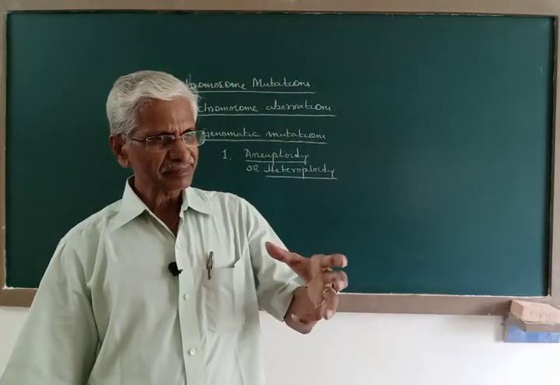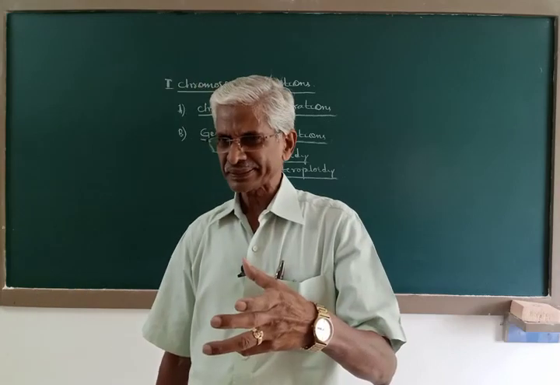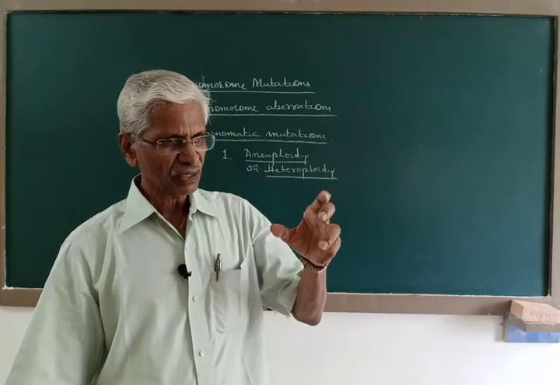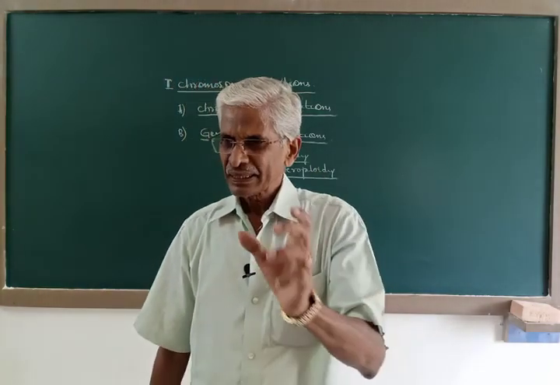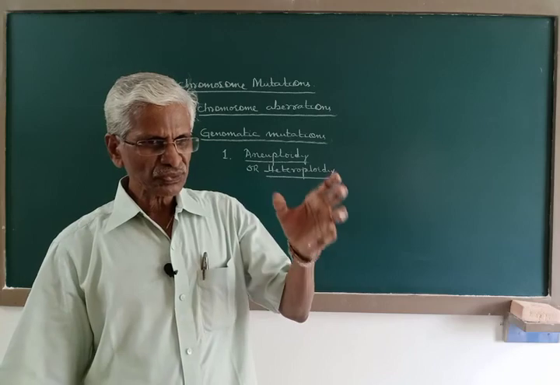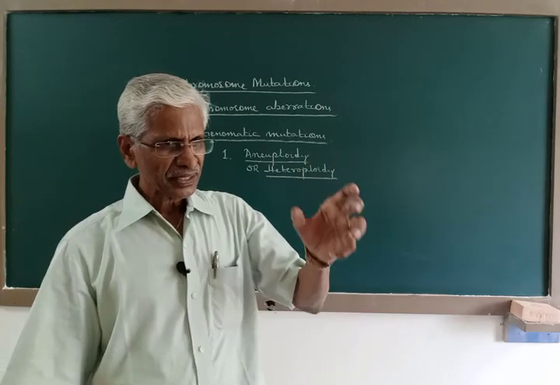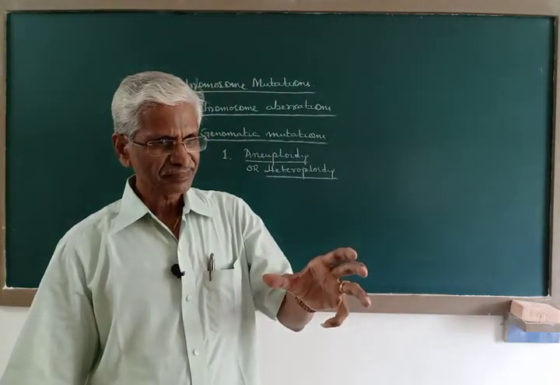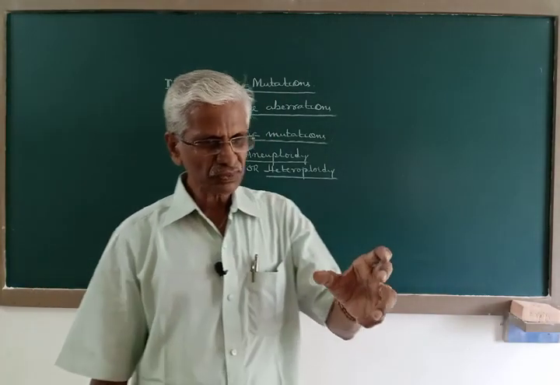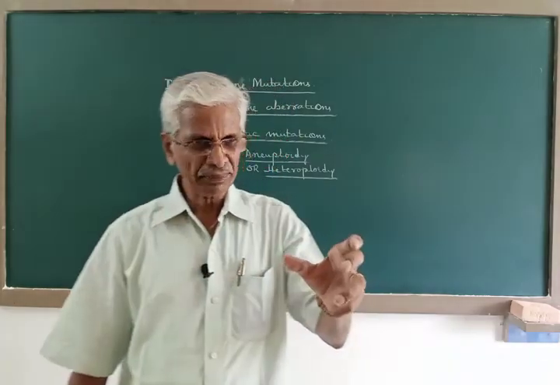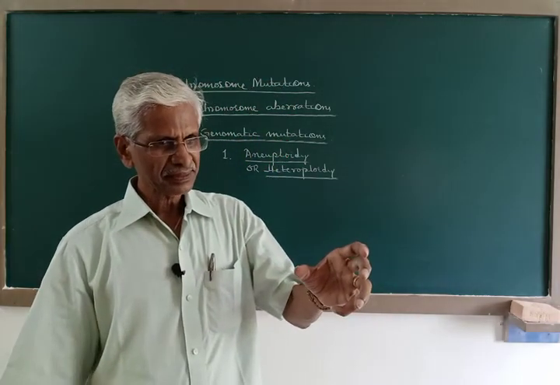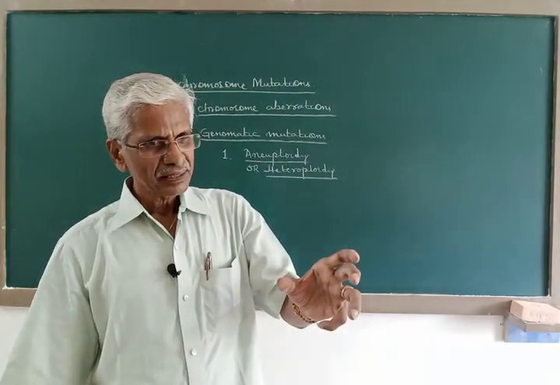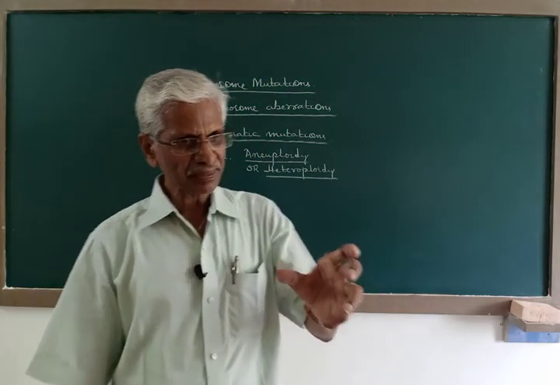But after pairing, if they fail to separate, the two homologous chromosomes which have paired and form a bundle called a bivalent, but later fail to separate, this is called non-disjunction, non-separation.